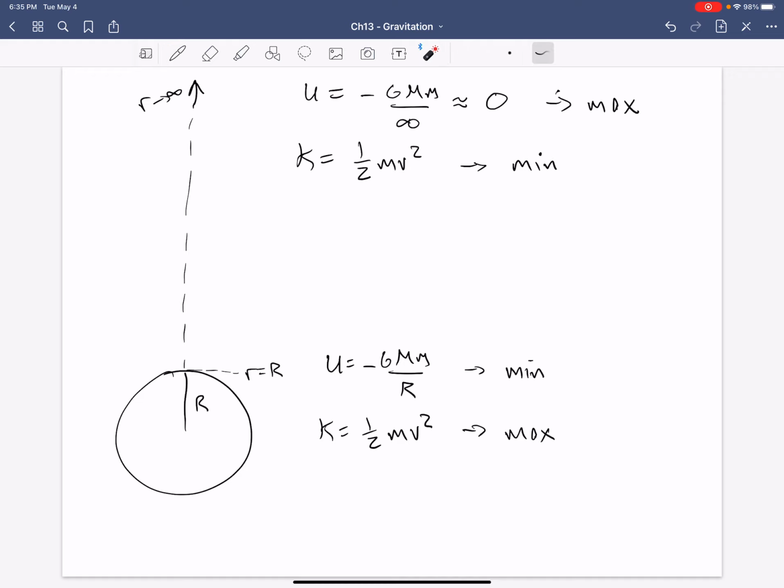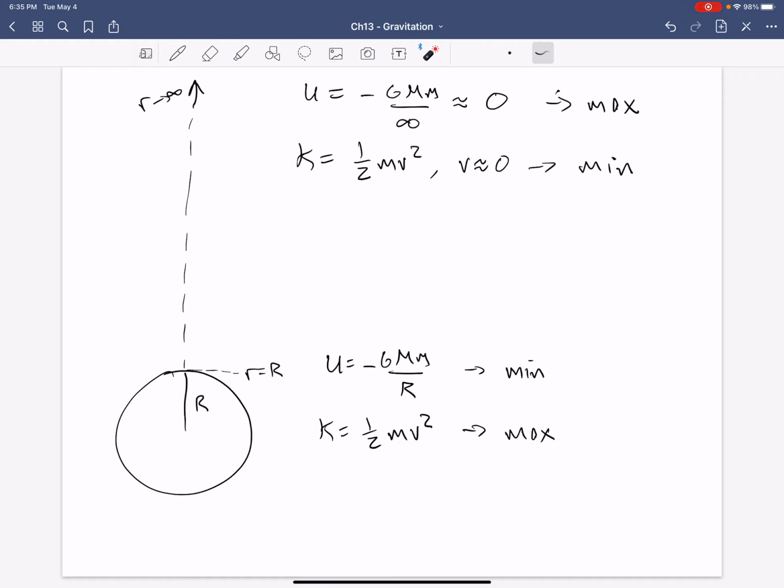That object, as it's been moving away from the planet, is slowing down, right? And eventually it's basically going to be moving at 0. Well, look at that. That means when it's at an infinite distance away, both the potential energy and the kinetic energy are 0. Let me write that a different way. V will be about 0.